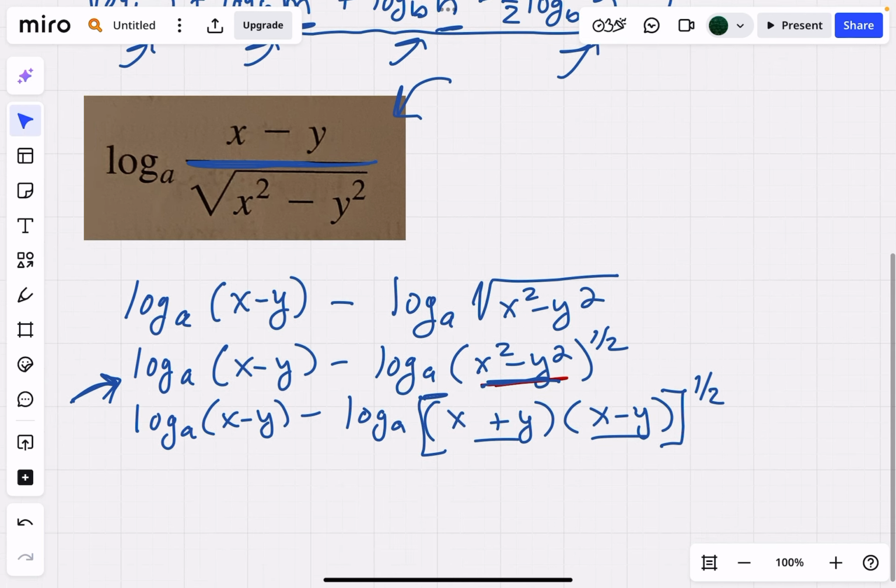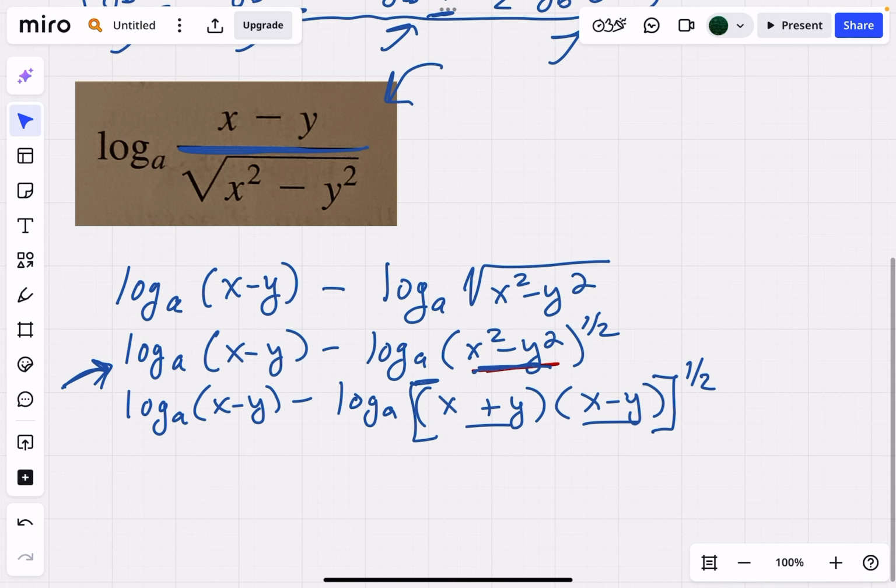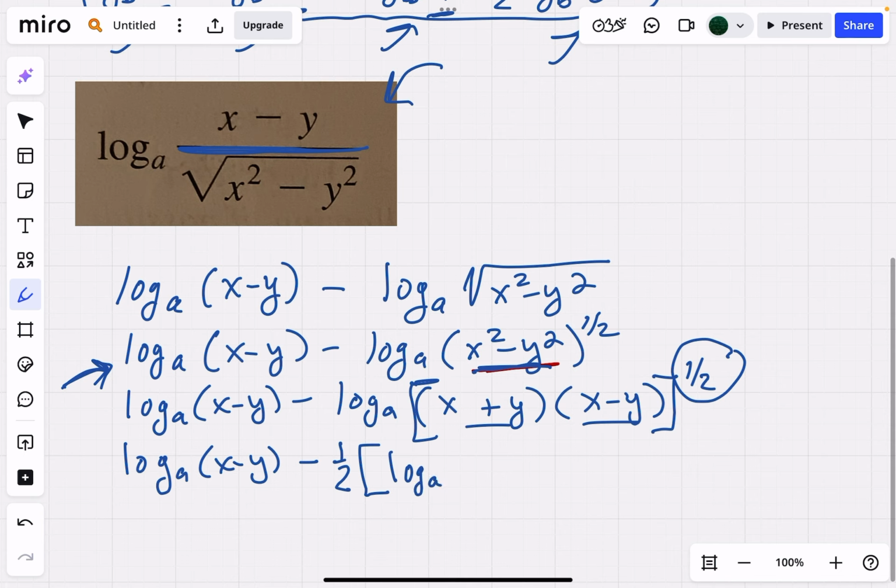Now, we're almost there. What we're going to do is same strategy as before. We're going to use this exponent property as a coefficient. So let's rewrite that. So it's going to come out here, right? And when it comes out here, it's really important. Because this becomes a coefficient, we have the log base a of, times what's inside, right?